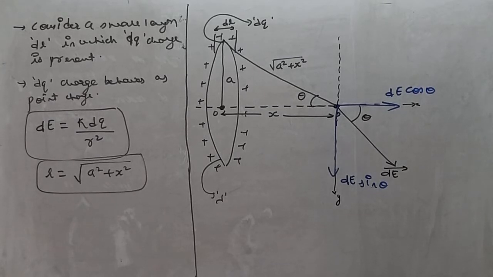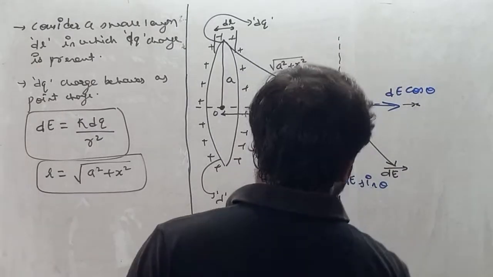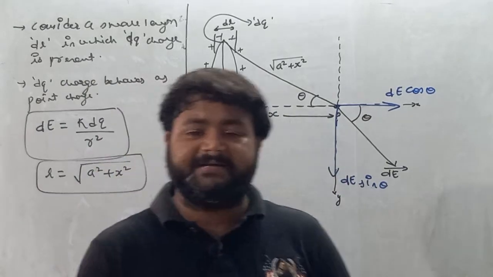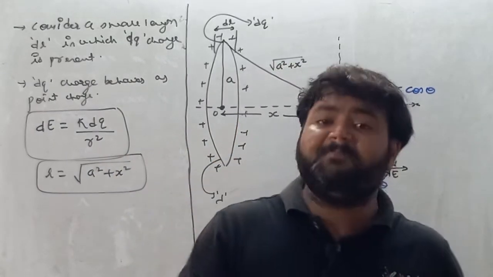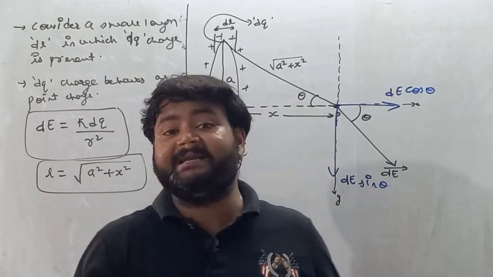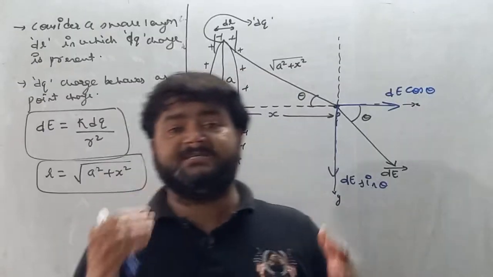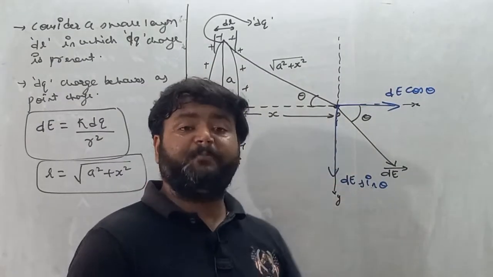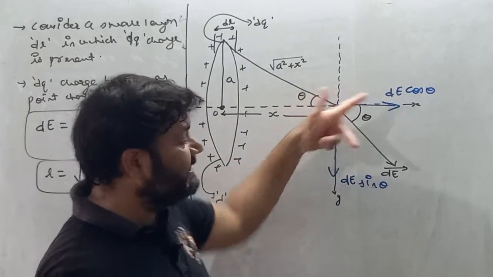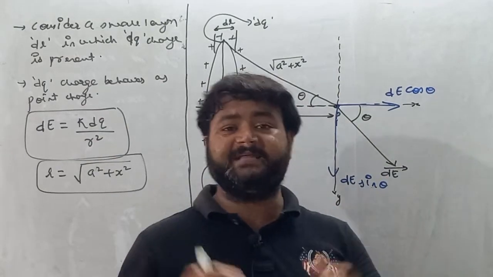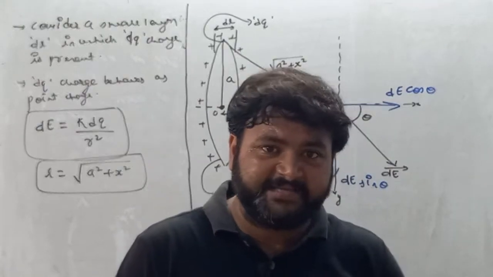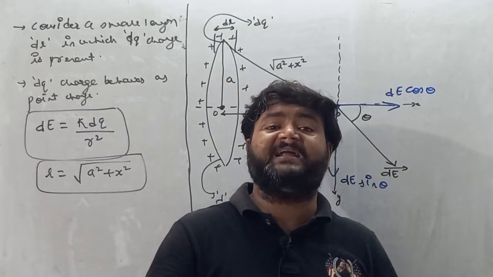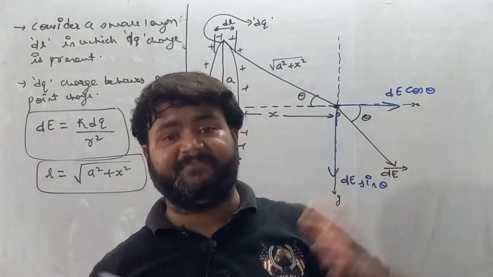Now we know, my dear student, that electric field is a vector quantity. I am repeating again and again in every topic so that you will understand more: at a single point we have electric field in two different directions, but a vector quantity cannot define its direction in two different ways from a single point.